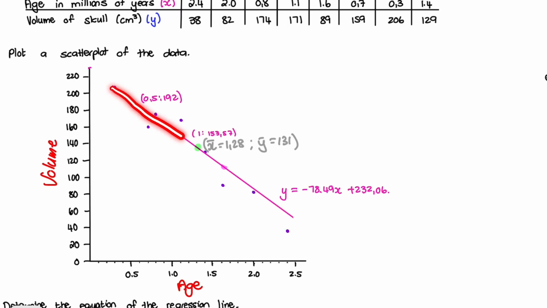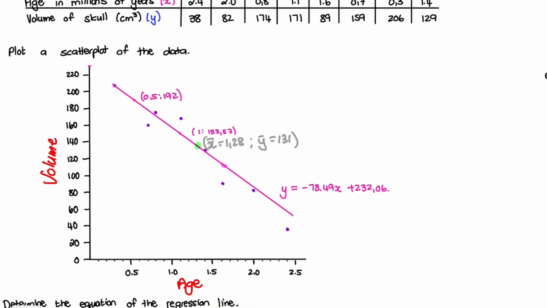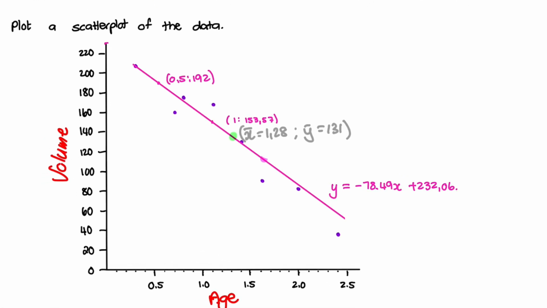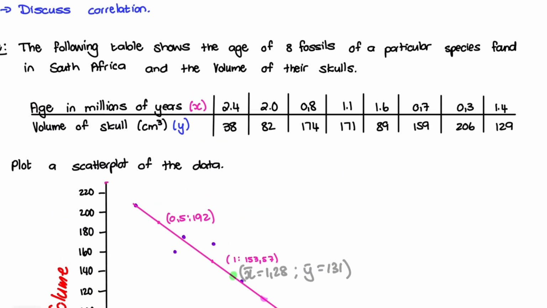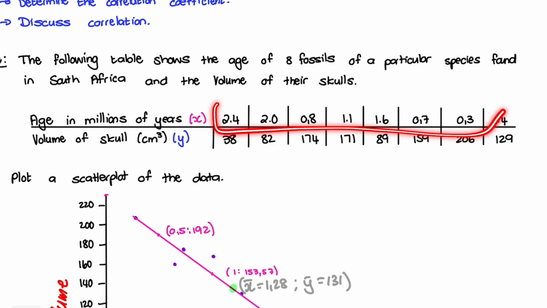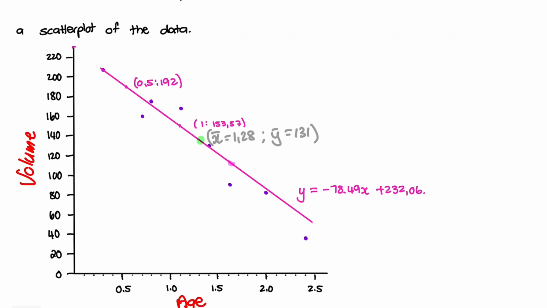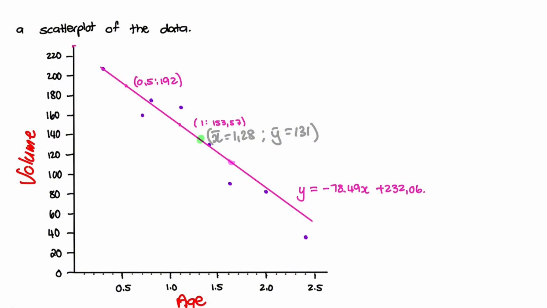So in this sketch, this is the regression line. So we have found this equation, and I said you choose two reference points. Now if you zoom in slightly here, you can see I have a reference point here at 0.5. So in the place of x, I choose to put in 0.5. It's not a value that I'm taking from our table here. I'm choosing a value of x to work with, and I substitute 0.5 into my equation, and I get the answer of 192.